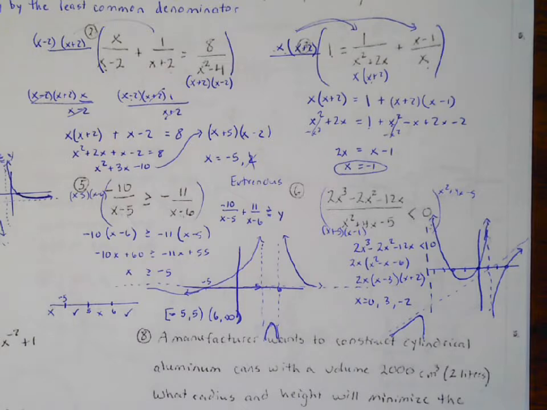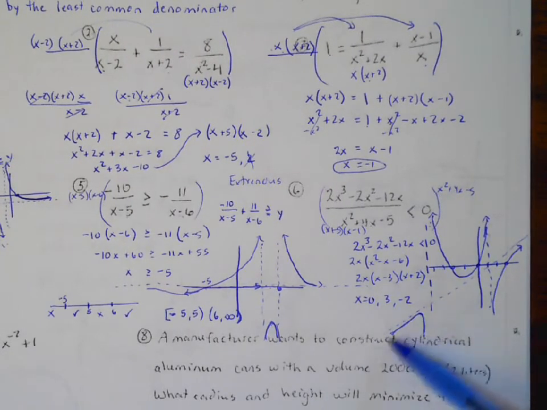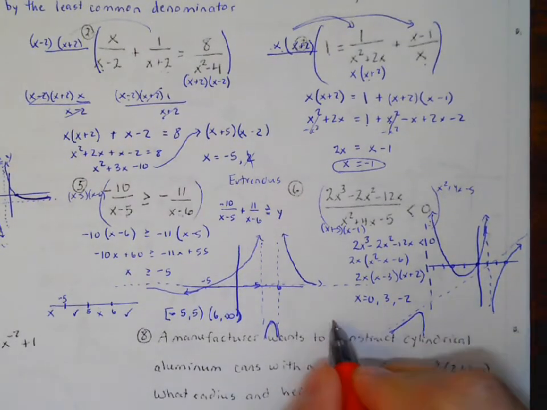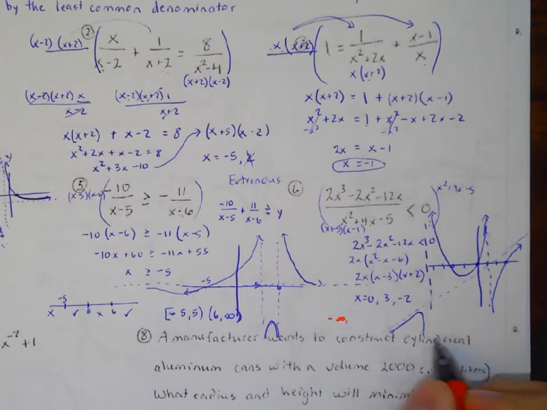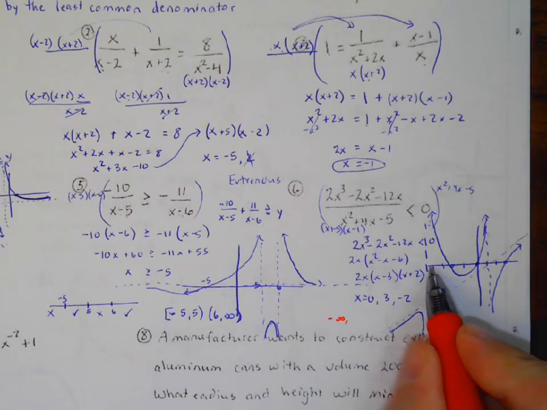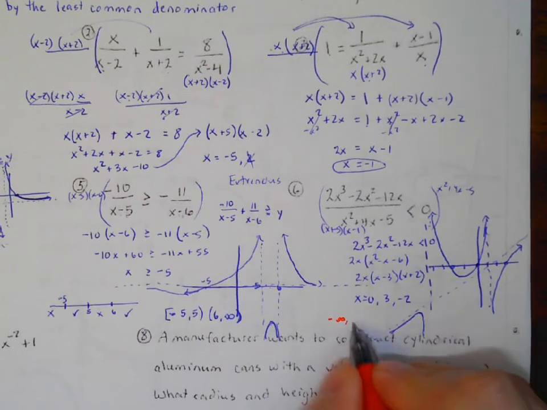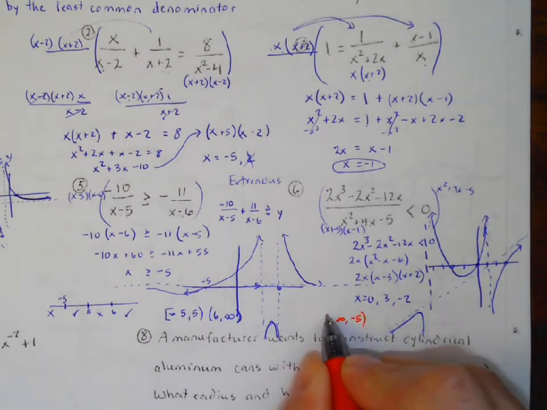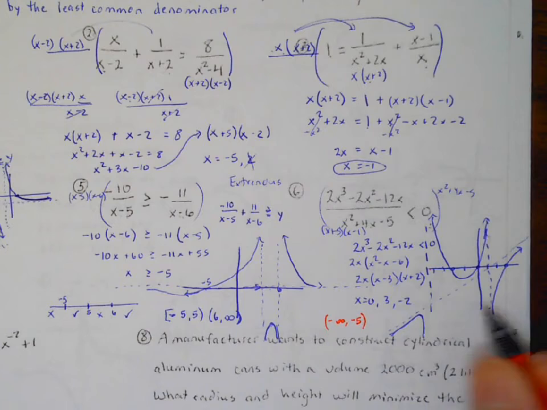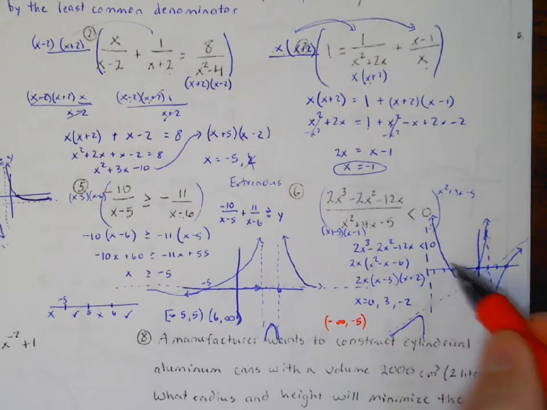Okay, so one way is from looking at the graph, I know that all these points are less than 0. So I know from -infinity up until -5, all is less than 0. Here it's above 0. Here it's equal to and then less than.